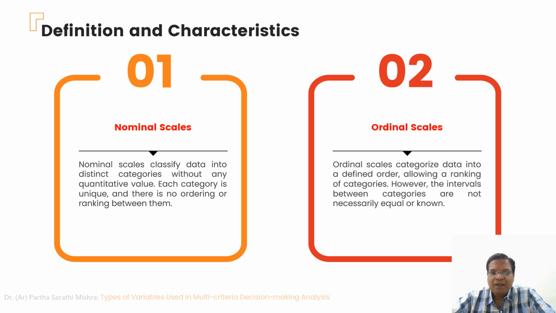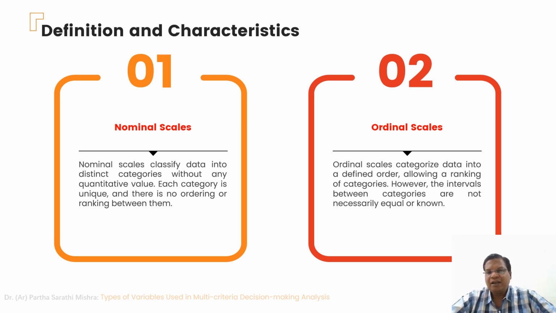For example, I am Parthasarthi, another person will be there, Arjun. So Partha and Arjun are two people, and we cannot compare them by their names. That's why these are known as nominal values. Suppose something is there or something is not there, yes or no, then this type of variable is known as a nominal variable. Binary things are always nominal.